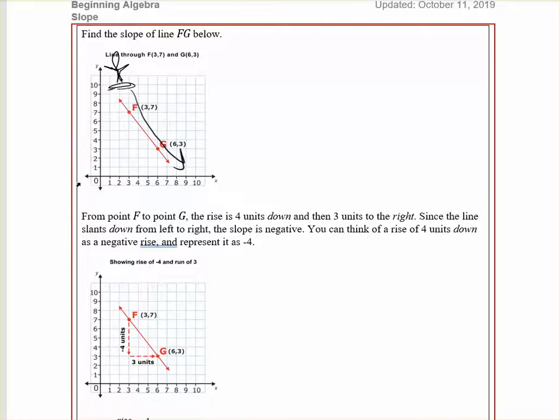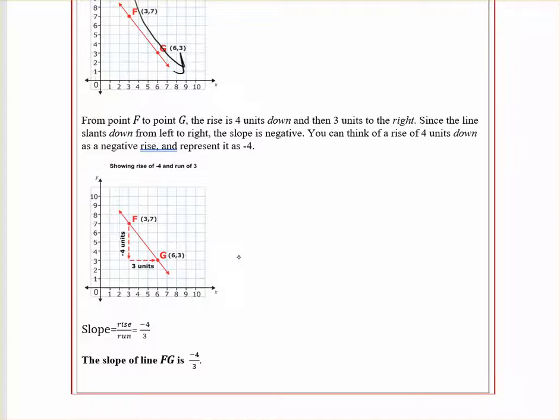You start at one point, in this case, go straight down, make a right turn, and then go across to G. Then you can count the units, 1, 2, 3, 4 down, and 1, 2, 3 right, to get a slope of negative 4 over 3. The reason it's negative is there are 2 reasons. One is it's going downhill, so we know it's negative. The other is we went down when we started from point F to get to the right corner. So negative 4 over 3.